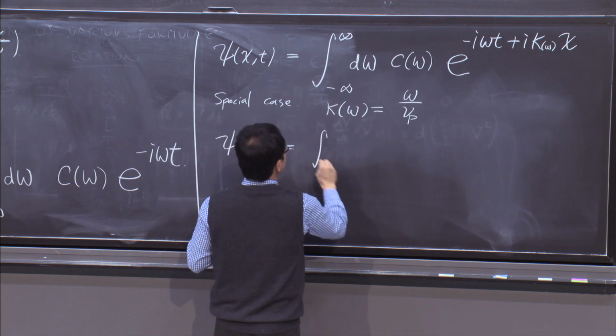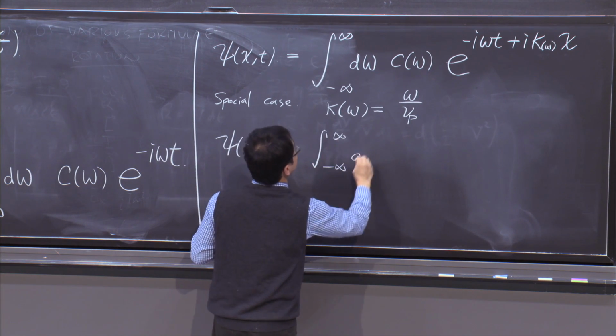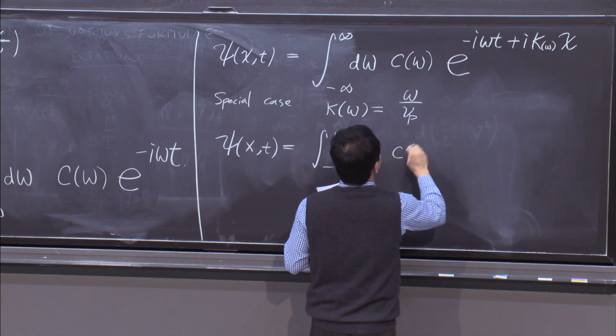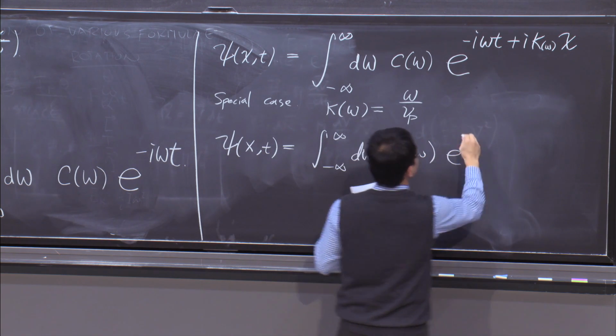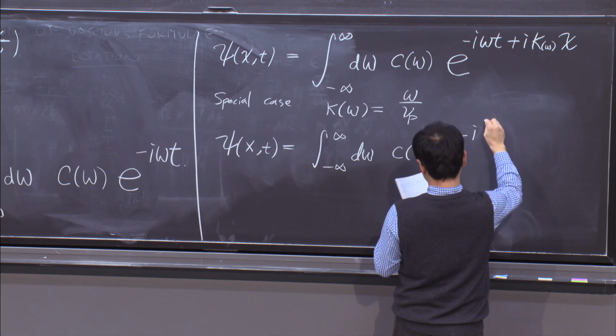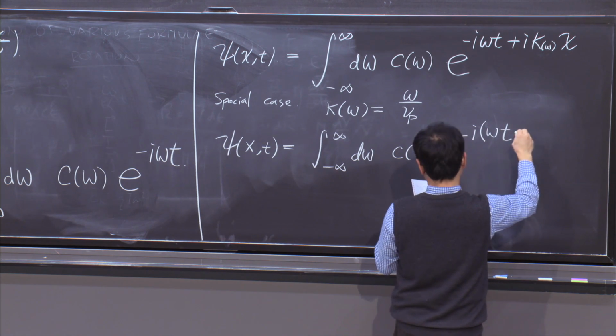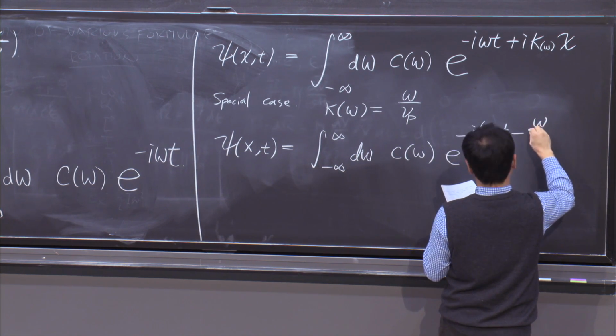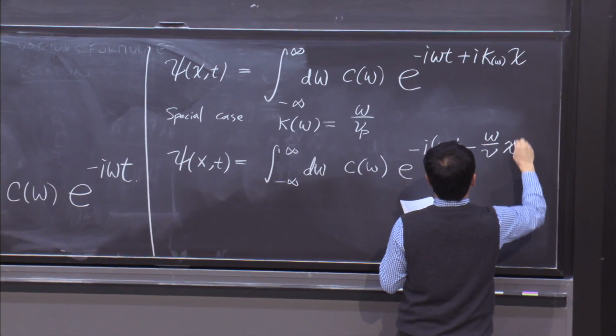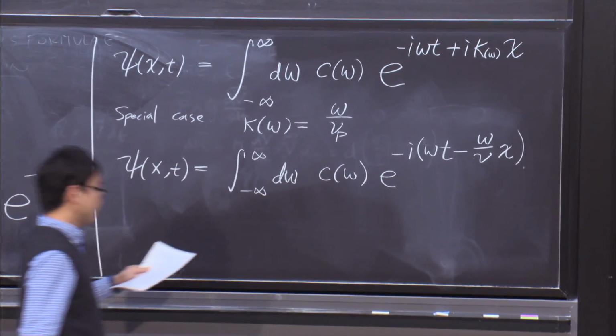This will be equal to the integral from minus infinity to infinity d omega C of omega exponential minus i omega t minus omega over v x.